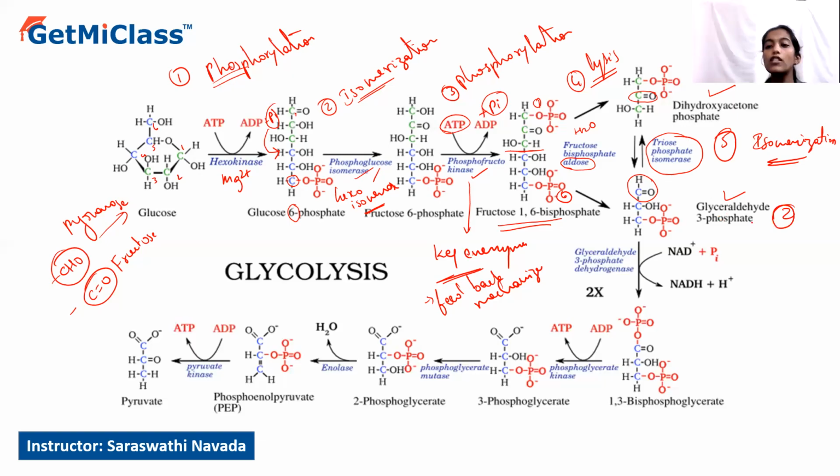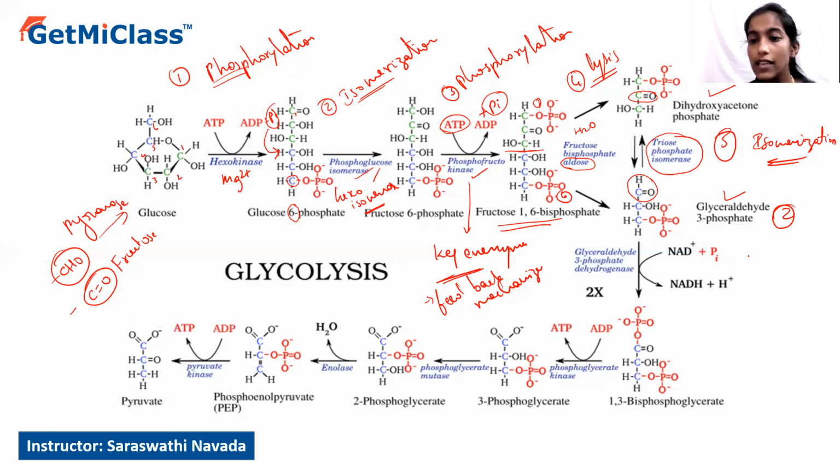Once 2 molecules are formed, the further reactions in glycolysis operate 2 times, because each reaction should occur twice. So that is regarding the fifth step.